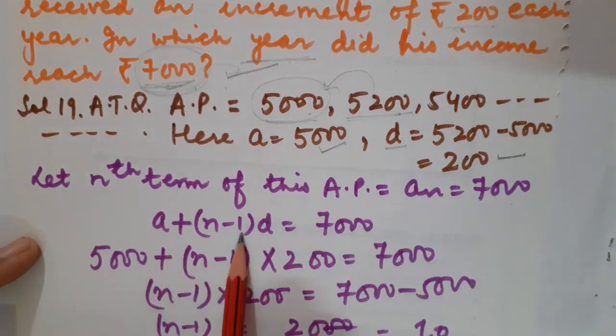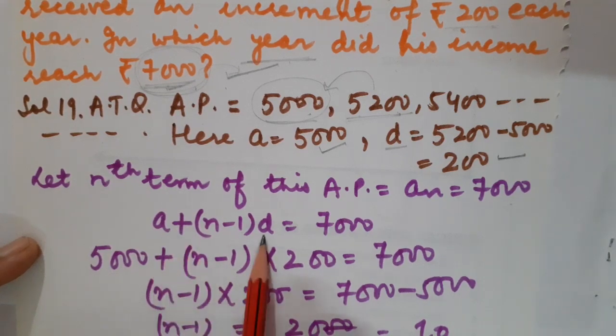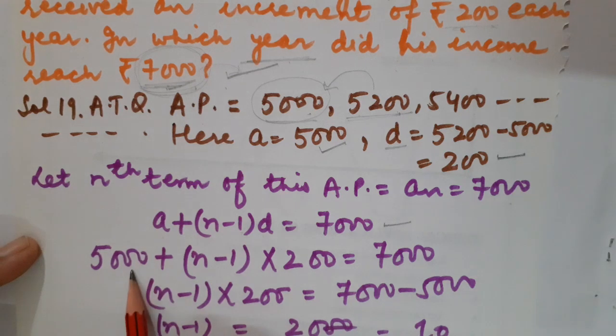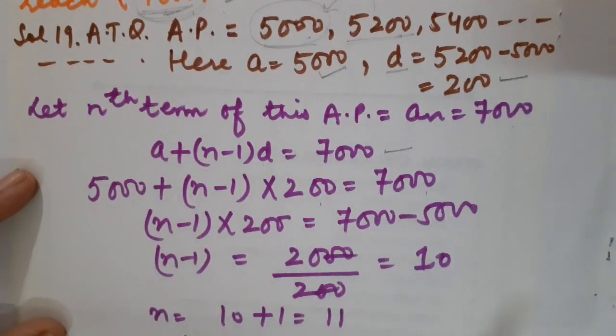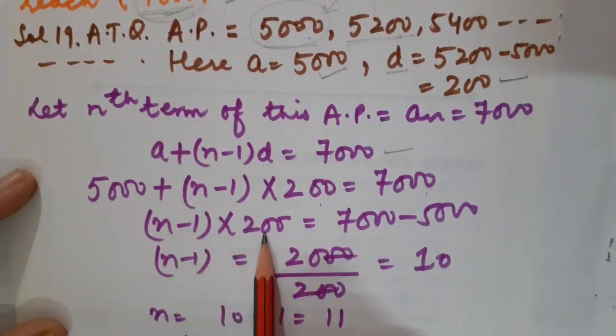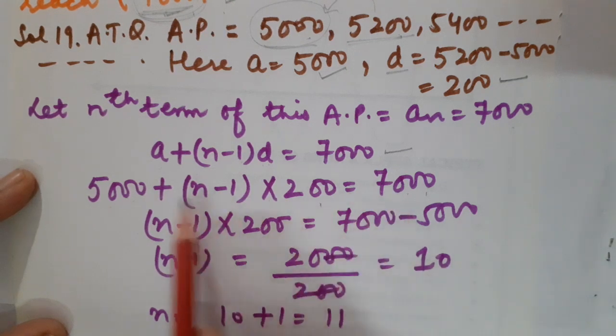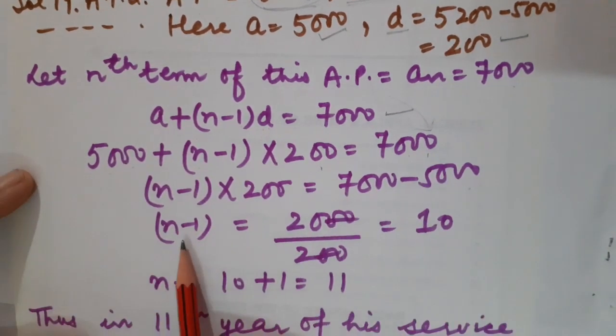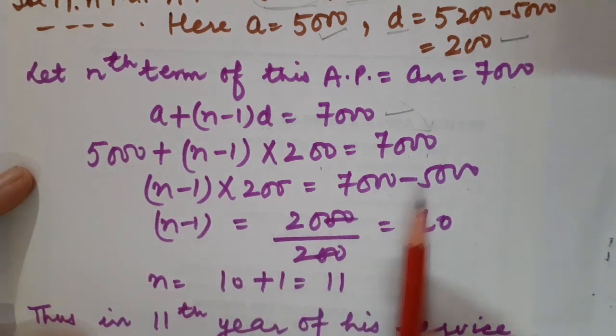You know the formula of AN, that is A plus N minus 1 into D is equal to 7,000. So put the value of A, that is 5,000 plus N minus 1, and the common difference is 200, is equal to 7,000. So it will be N minus 1 into 200 is equal to 7,000 minus 5,000, as it goes on the right hand side. So this is N minus 1 is equal to 2,000 upon 200.